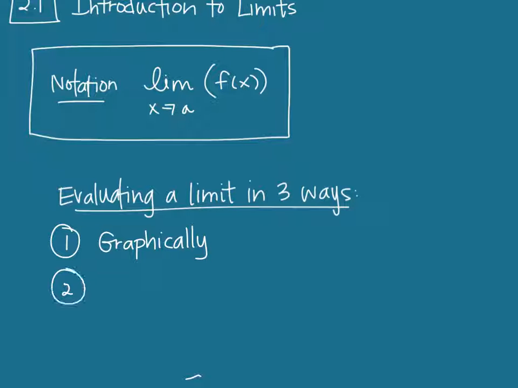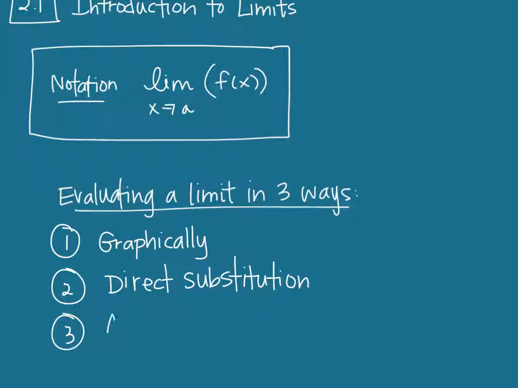Number 2, direct substitution. That's where you can replace a variable with a number and come up with a numerical answer. And the 3rd way is the most common, which we will use: algebraic simplification.